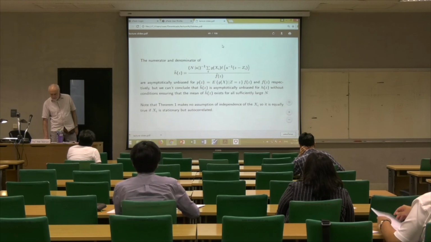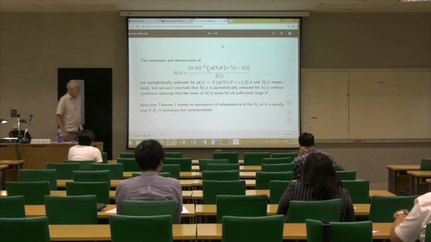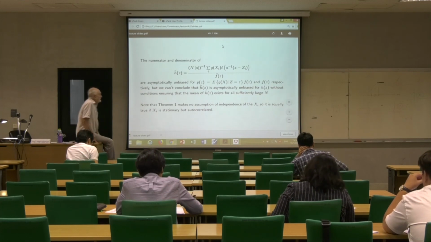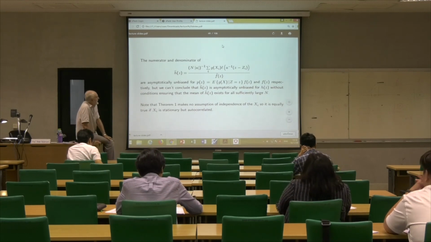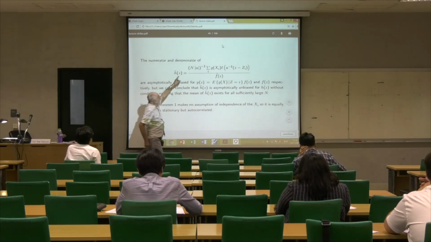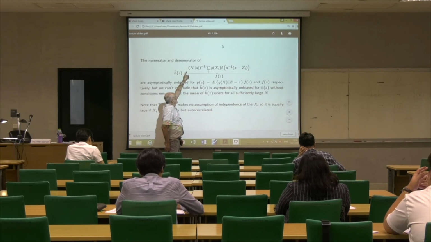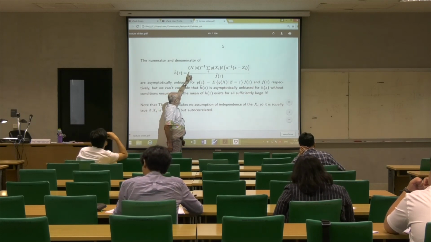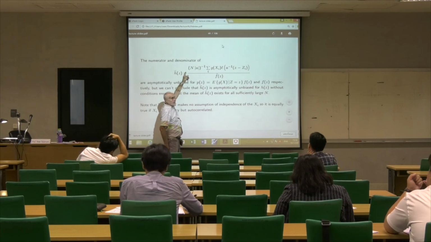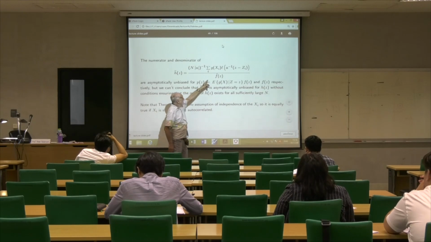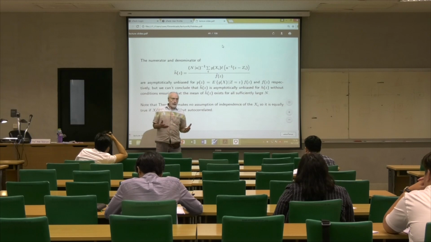Asymptotic unbiasedness is a very limited property, and you see, when we talk about this kernel regression estimate, I'm afraid we just cannot talk about asymptotic unbiasedness. So the numerator will, under these conditions we've had, have expectation that will be asymptotically unbiased for the corresponding population quantity, and likewise the expectation of f hat will be unbiased for f.